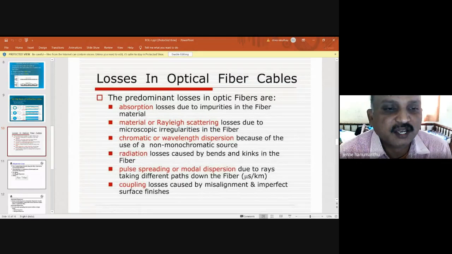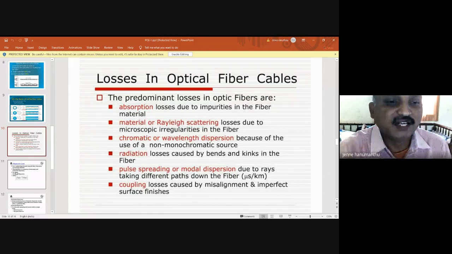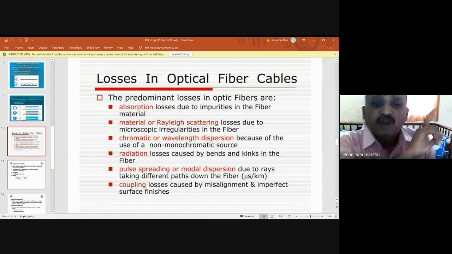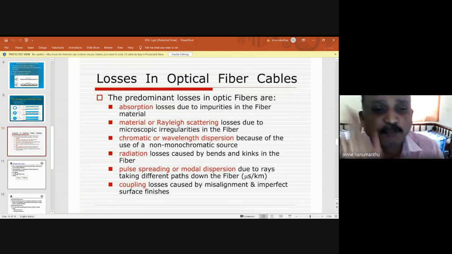Not 1.2, maybe 0.8, 1.3, 0.9. It is not 1 millisecond. That's my point: you cannot expect a 1 millisecond light pulse at the end. The reason behind this is dispersion. What is dispersion?